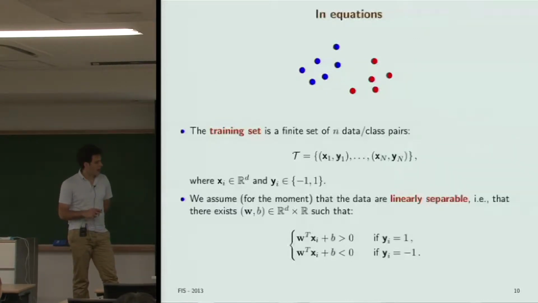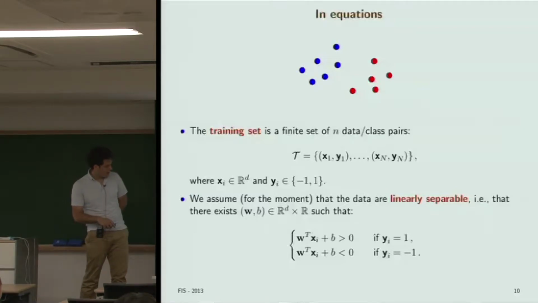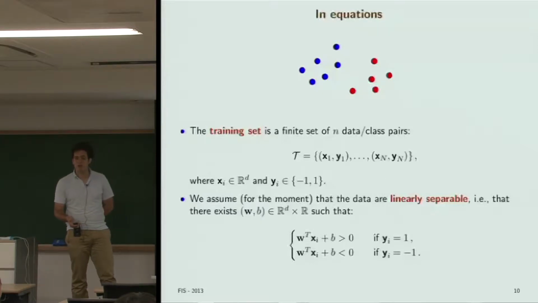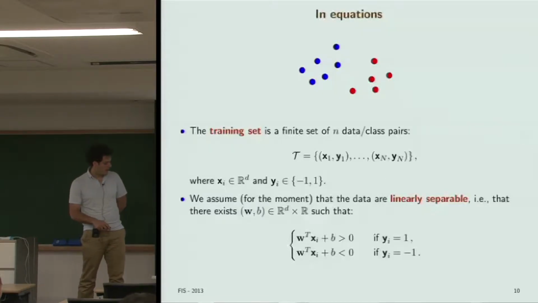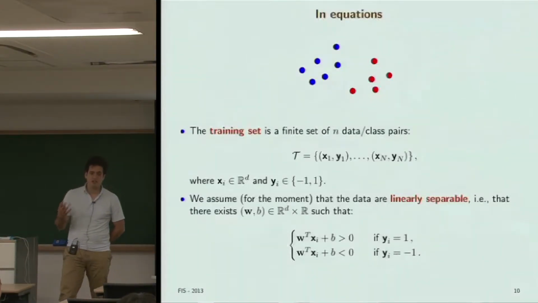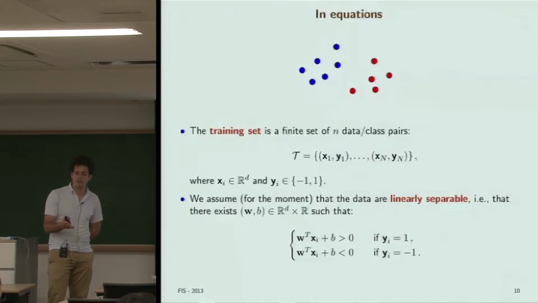Finding a hyperplane that separates those 2 sets is equivalent to finding a normal vector w and a constant b, such that w transpose xi plus b is positive for all points such that yi is equal to 1, and w transpose xi plus b is negative if yi equals -1. This is just the fact that we want a separating hyperplane.